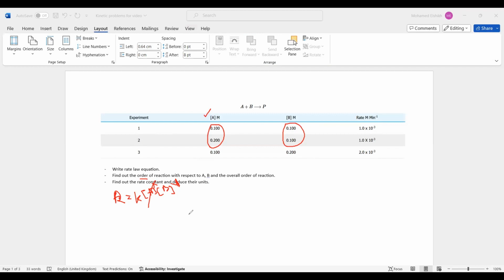So the first one, the rate was 1 times 10 to the power of -3 equals K. And here we'll not consider A because everything is 1.